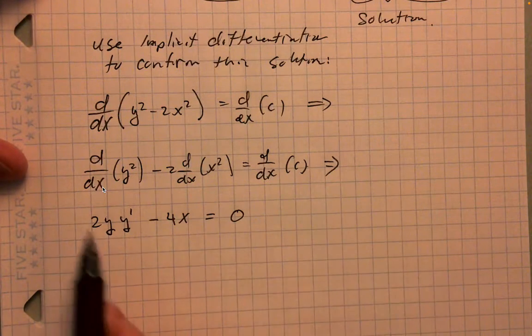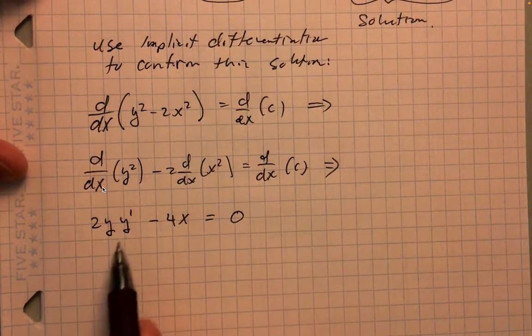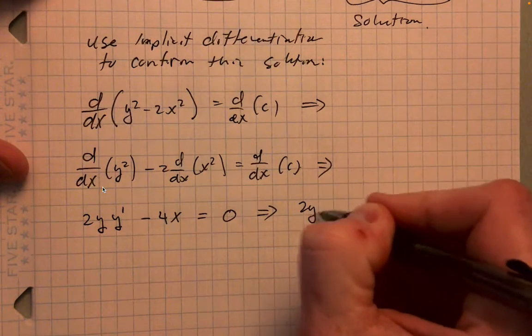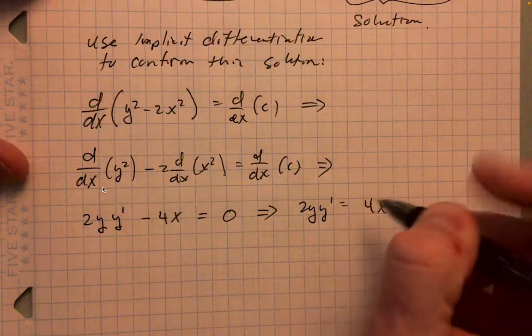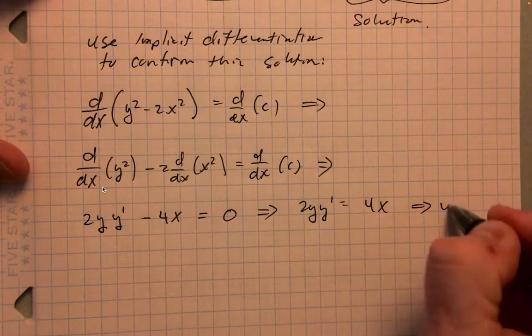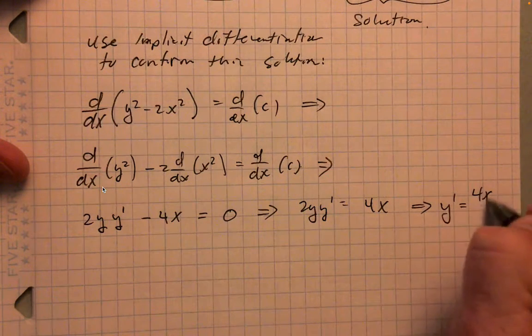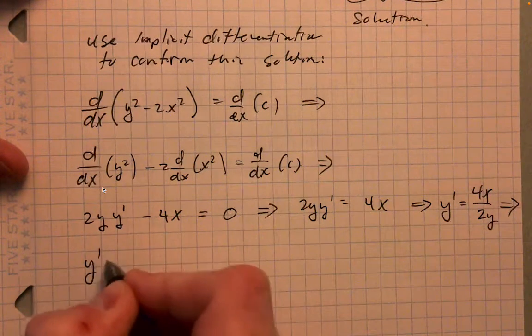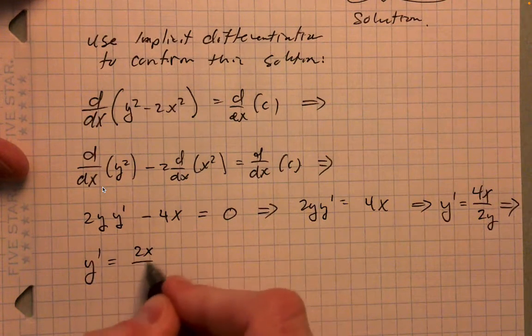And so then just taking this equation and solving for y prime, we ought to get back to where we started, right? And so we'd have 2y y prime equals 4x, and we'd see that y prime equals 4x over 2y, and further that y prime equals 2x over y, right?